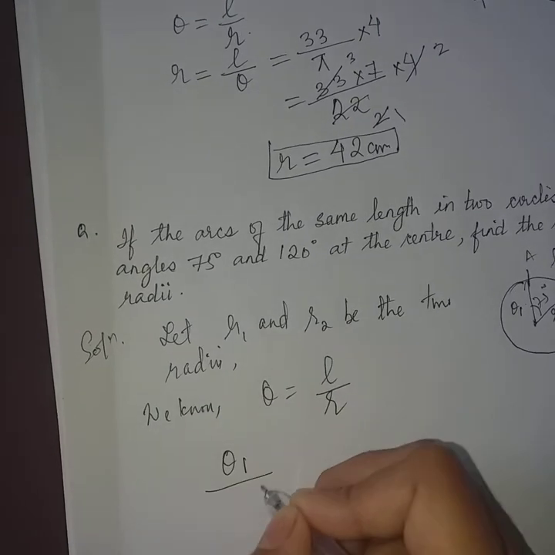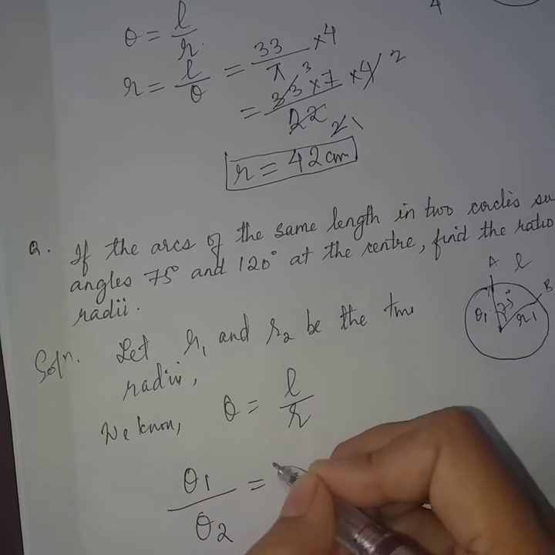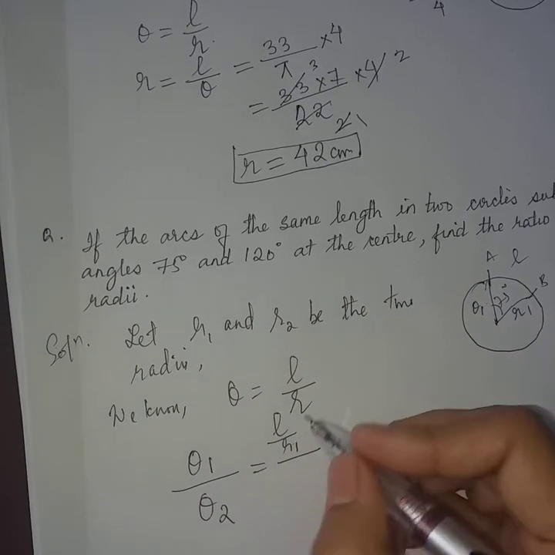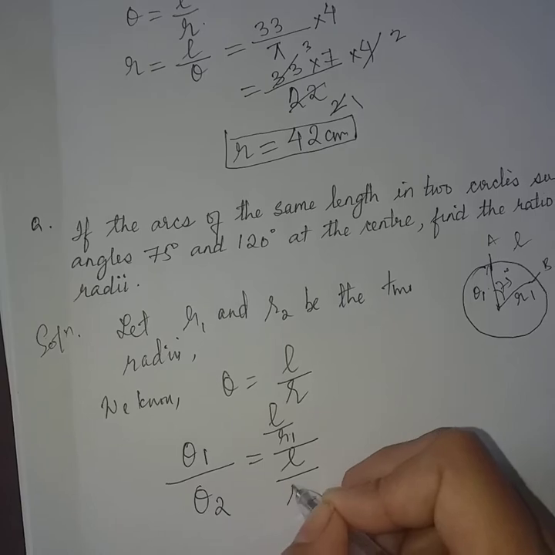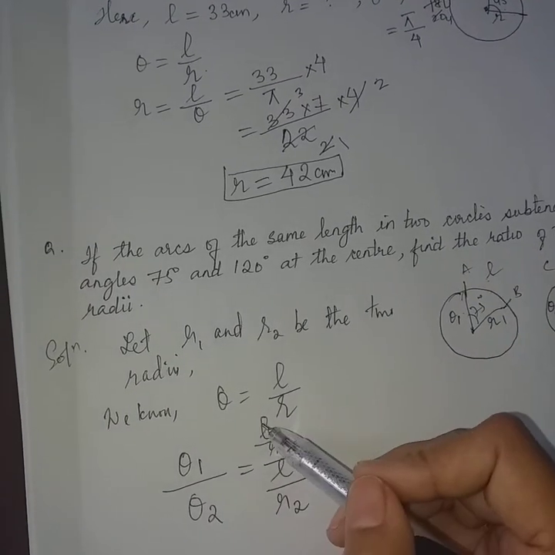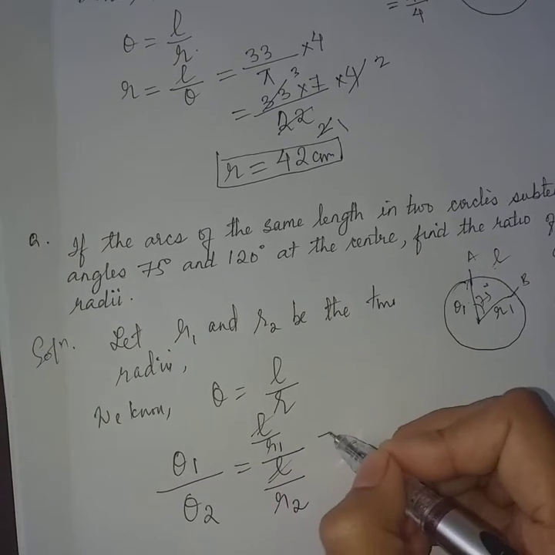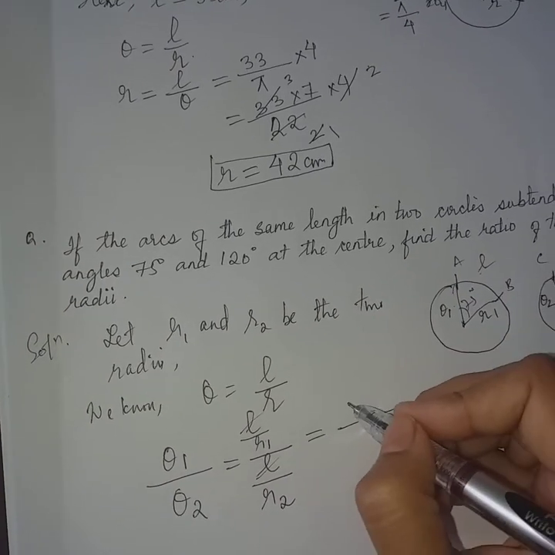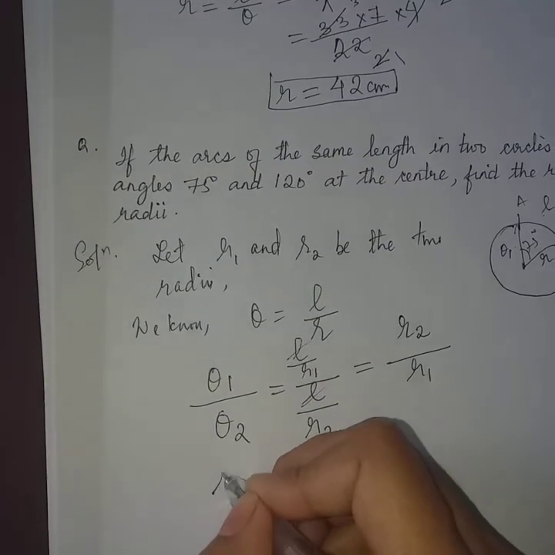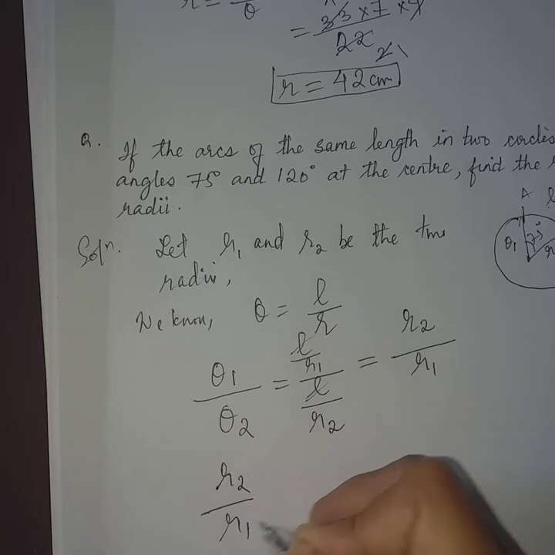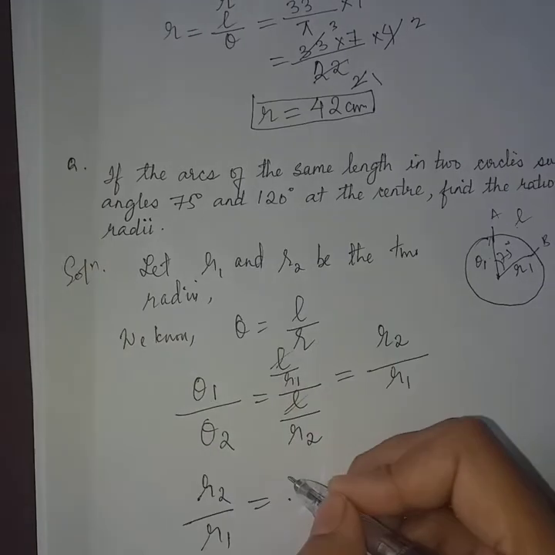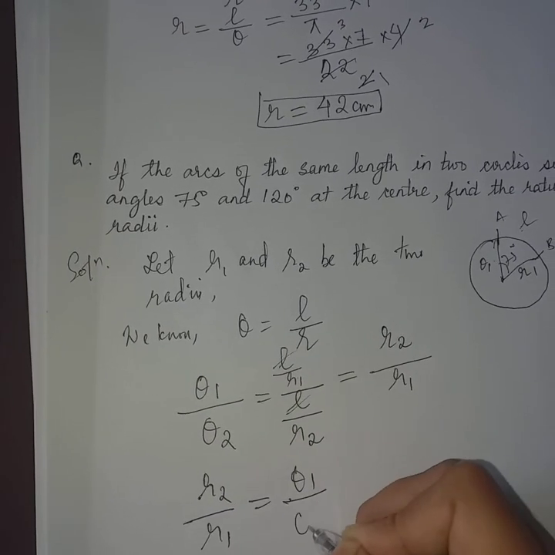Then what will be the ratio of theta 1 by theta 2? It will be L by R1 for the first circle, and L by R2 for the second circle. Now we know that the arc length is the same for both, so we can cancel this. So theta 1 by theta 2 equals R2 by R1. What we have to find here is the ratio of the radii, that is R2 is to R1 or R1 is to R2.